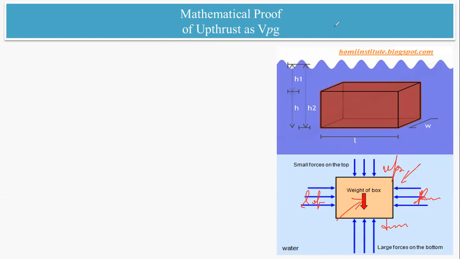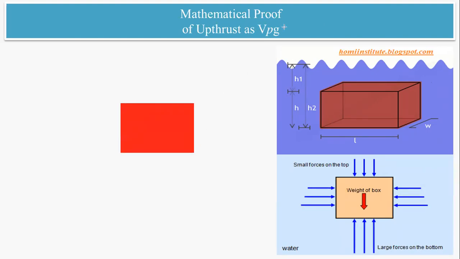So what actually happens over here? When the force is experienced by the body from all the directions, we have to understand that when this object has been submerged in the liquid, the force which is acting from the front side and from the back side is equal in magnitude, वो वहां पे बराबर amount में होती है.